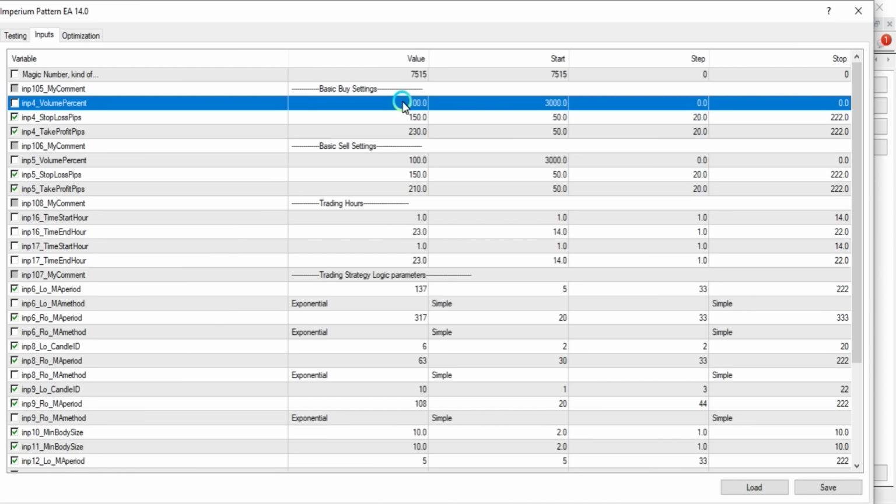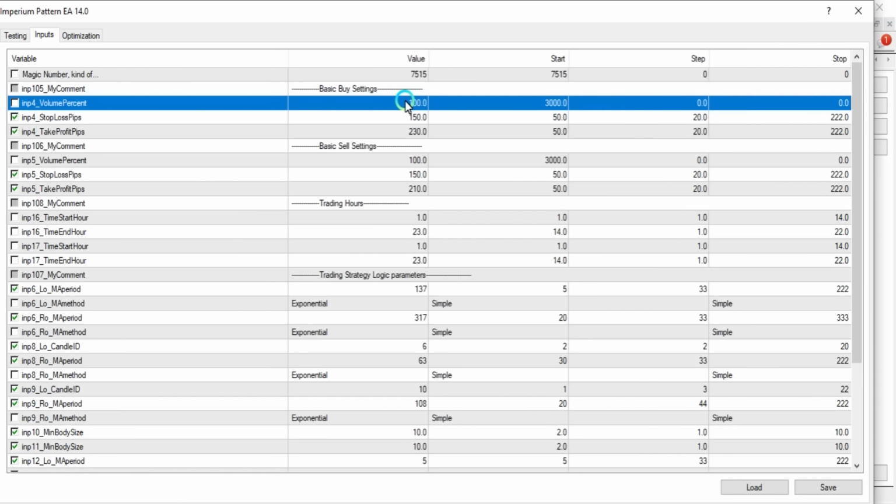So it shouldn't confuse you. It is this easy. So now it is at 100 volume, which means that we are using 1% risk per trade.